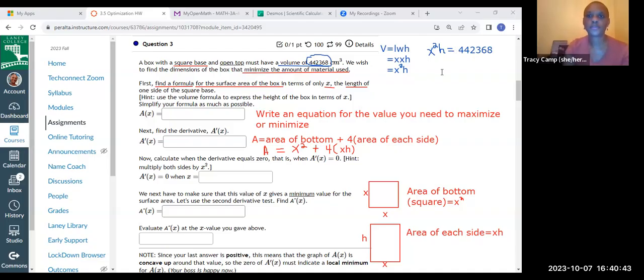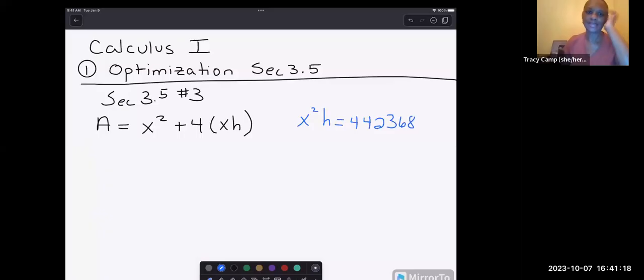And I'm going to switch over to my iPad now. And I wrote all that stuff down. And so what I'm going to do right now is take this equation that I got by using my volume and solve this for H, so that I can then plug in whatever I get for this H right here, so that I don't have an H anymore there, and I just have something that involves X. So to get H by itself here, divide both sides by X squared.